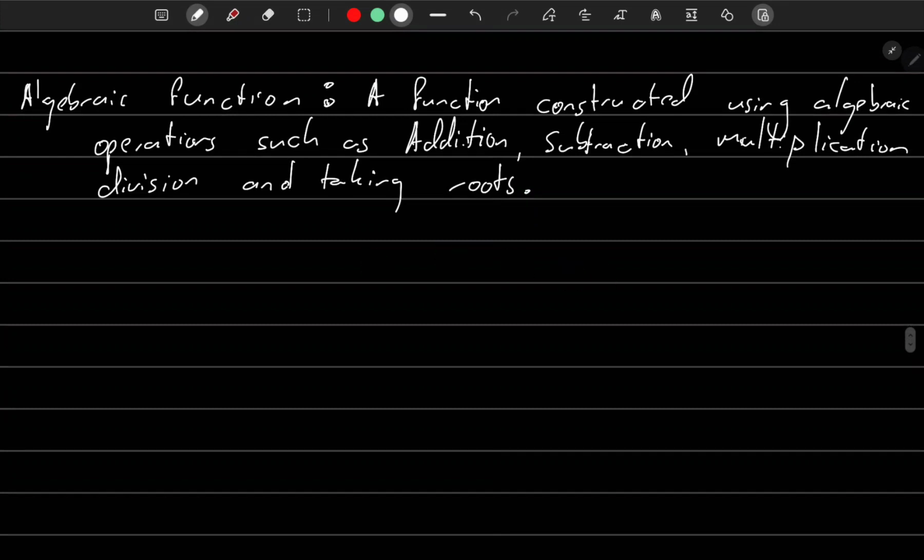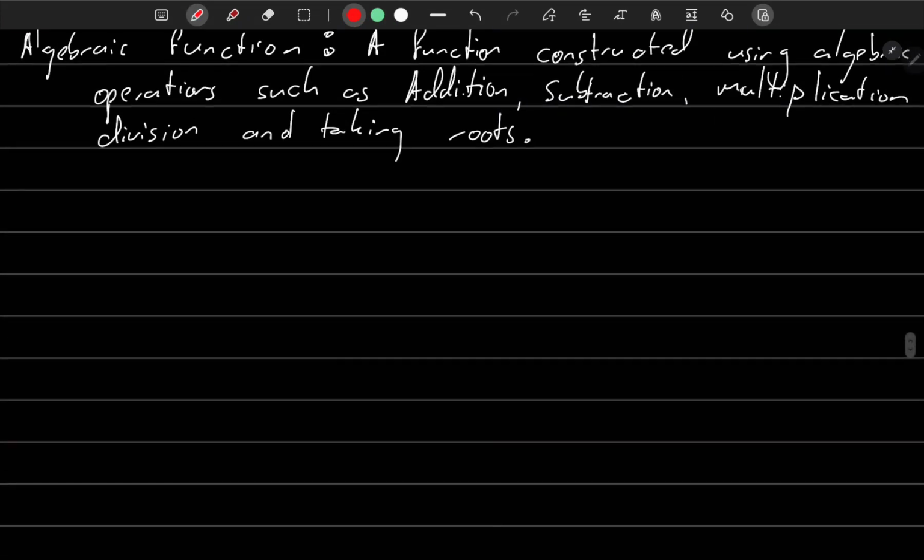Now that's the definition of an algebraic function, but what about the equation for it? Let me give you an example of an equation that is an algebraic function. f of x equals x to the power of 4 minus 16x squared, all over x plus the root of x, and all of this plus x minus 2.